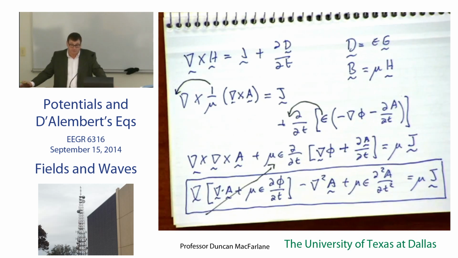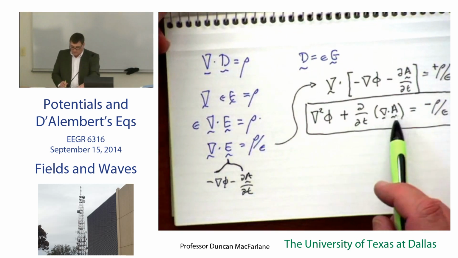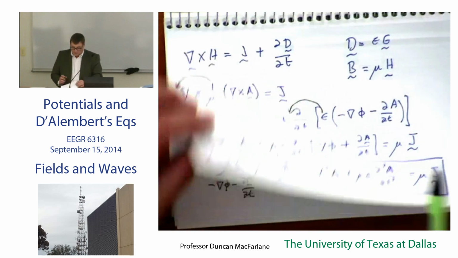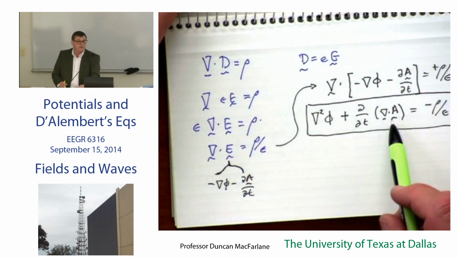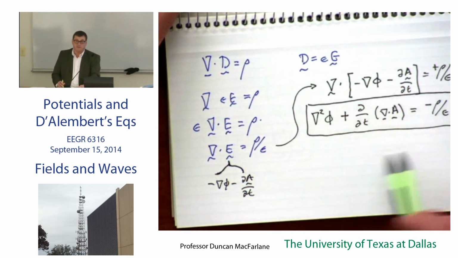Look what happens. If I set that equal to that, then I have a really nice equation here. But the divergence of A is now mu epsilon del phi del t. And this decouples this equation as well.